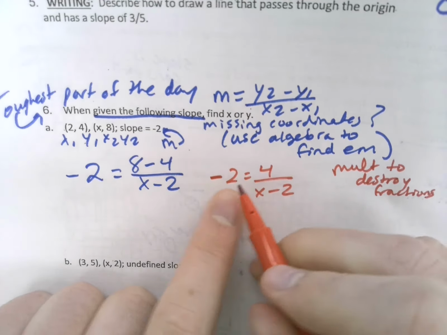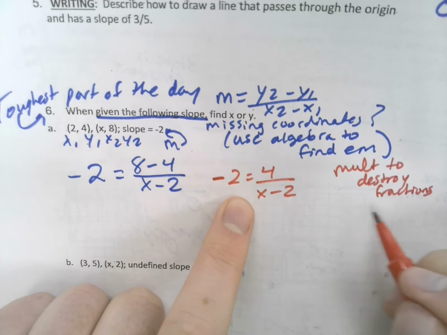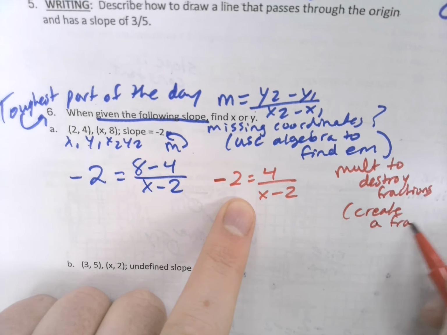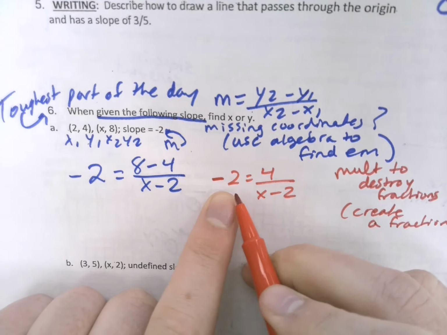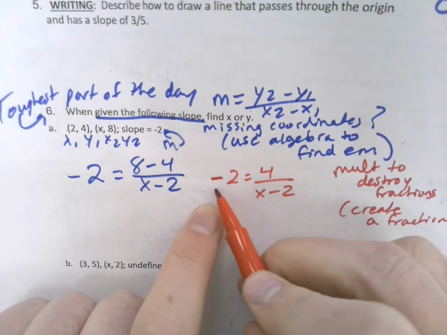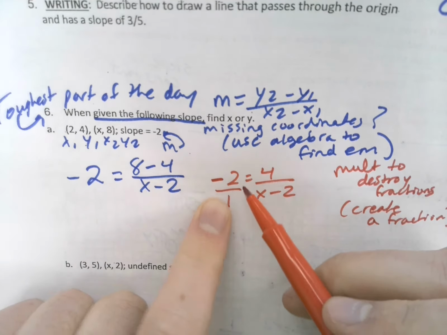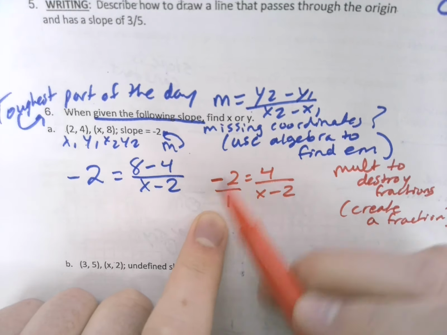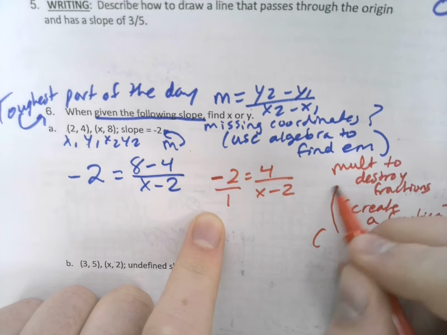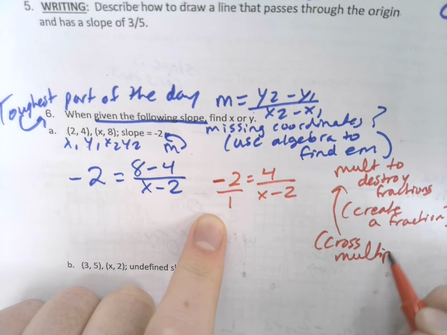If you ever have a fraction equals a number, and it's a fraction that has multiple numbers in the bottom, let's create a fraction on the left. What's negative 2 actually as a fraction? Oh, we could just put a 1 under it, couldn't we? Yeah, absolutely you could. So negative 2 over 1 is now a fraction. And we can now, going back to multiply, we can cross multiply.